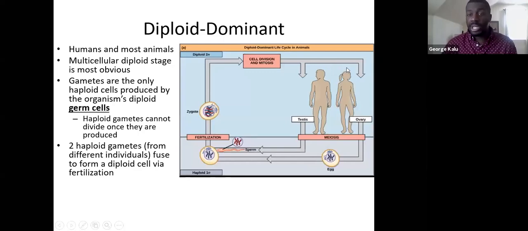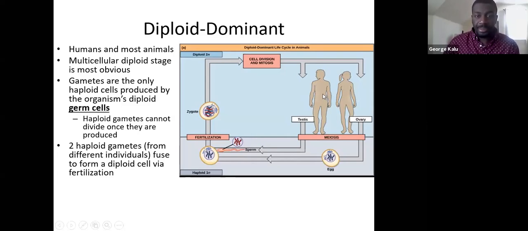So the majority of that human or animal's lifespan is spent having 2 sets of chromosomes. The only time you're going to see a haploid cell is when that human or animal undergoes meiosis and produces the haploid sperm or egg. So a very short period of time is spent having a haploid cell, and the majority of its lifespan is spent as a diploid organism.